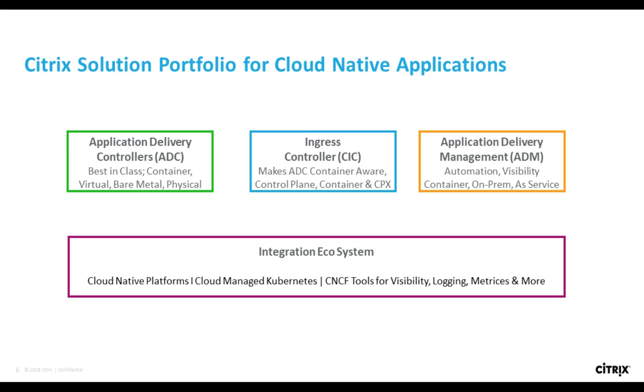And Citrix offers it in a container as an independent container, which you can make part of your container cluster, or you have a choice to use an integrated ingress controller built into the Citrix CPX.